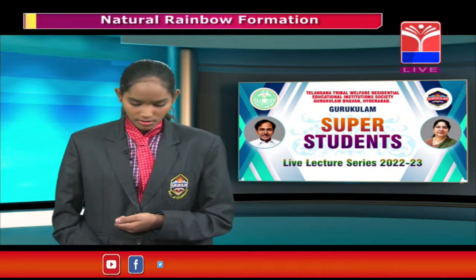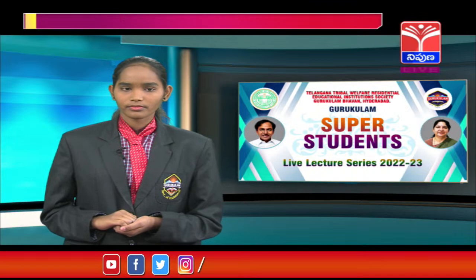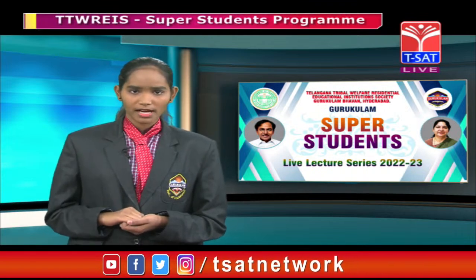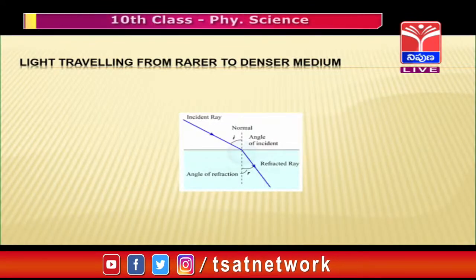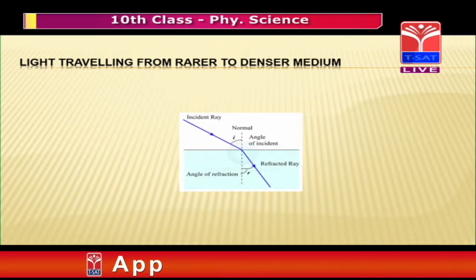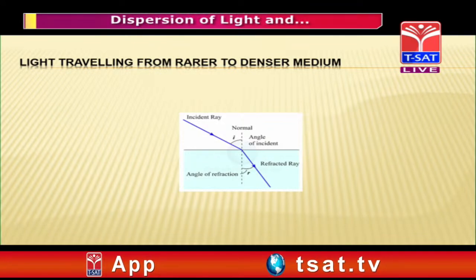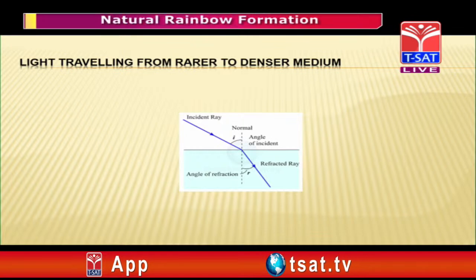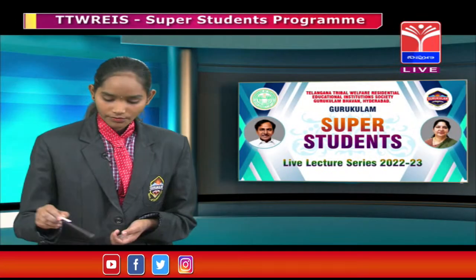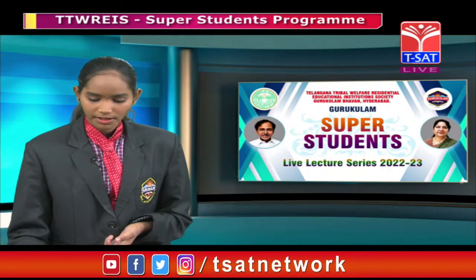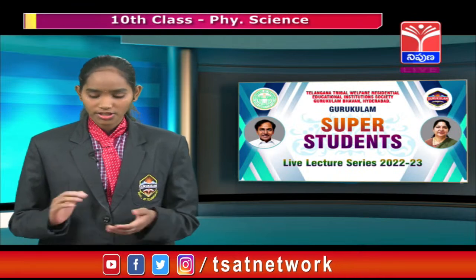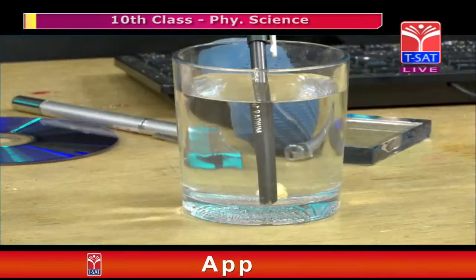Now let's see what is refraction. Refraction is the phenomenon of changing the direction of light at the interface which divides two medias. For example, if we have two medias, media 1 and media 2, when a light ray travels from one media to another media, it changes its direction at the interface.